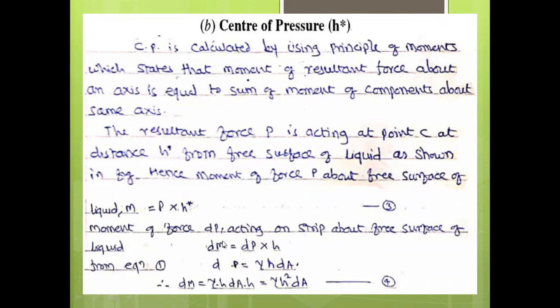Moment of force dP acting on the strip about the free surface of the liquid, dM, is equal to dP into h. From equation 1, dP is equal to gamma h dA. Then dM is equal to, instead of dP, I can write gamma h dA, and this h already.